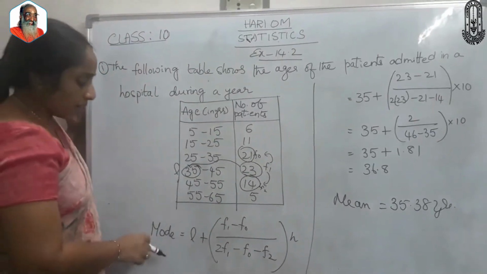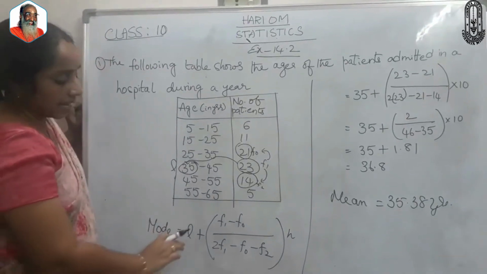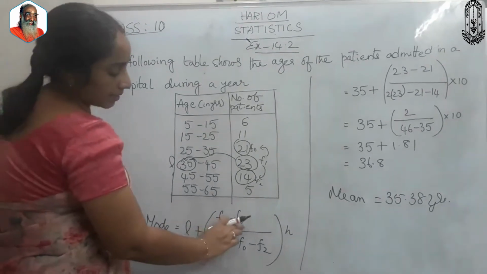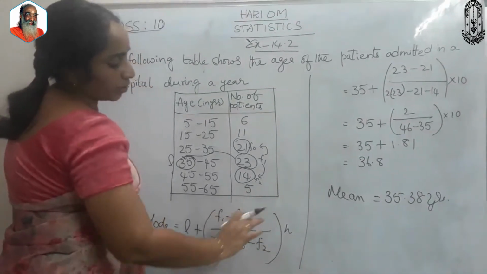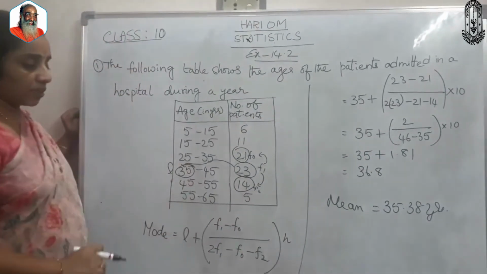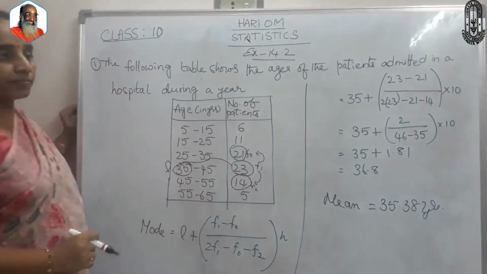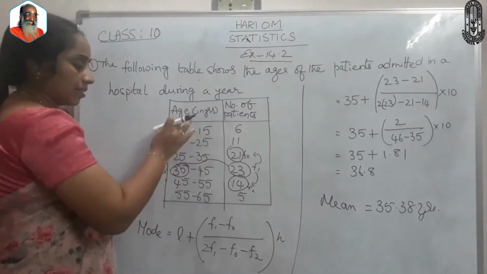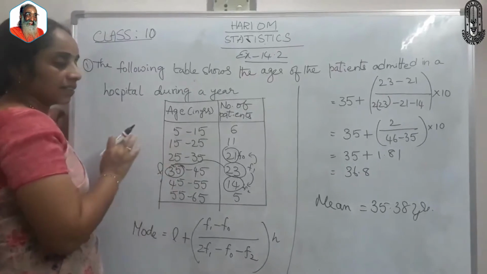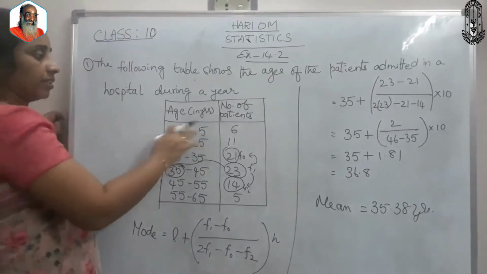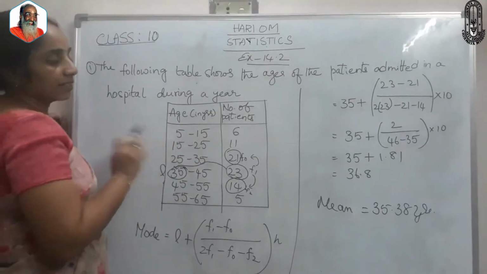Now the formula for mode is L plus (F1 minus F0) by (2 F1 minus F0 minus F2) into H. As you know, H is the interval of the class. The interval throughout the table is the same: 15 minus 5, 25 minus 15, so H is 10.